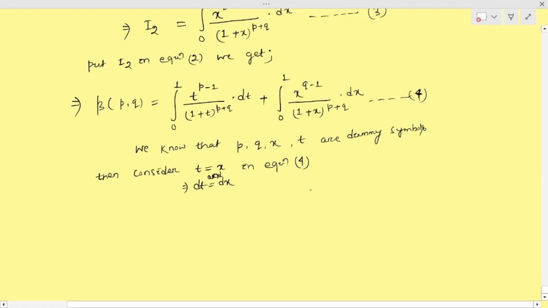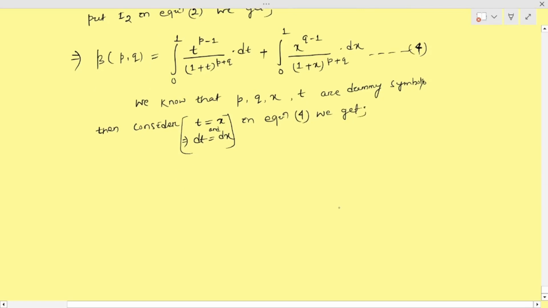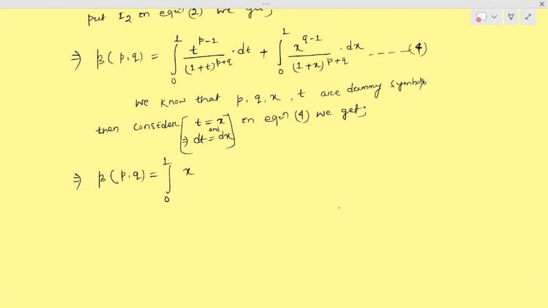Put it in brackets. Consider t equal to x and dt equal to dx in equation number 4. We get beta pq equal to 0 to 1, instead of t we have written x to the power p minus 1 by 1 plus x to the power p plus q dx, instead of dt, dx.